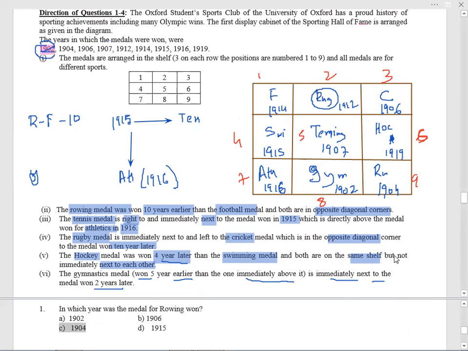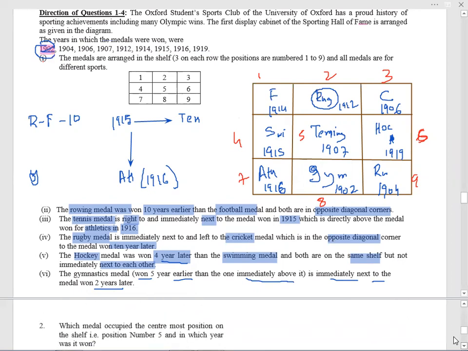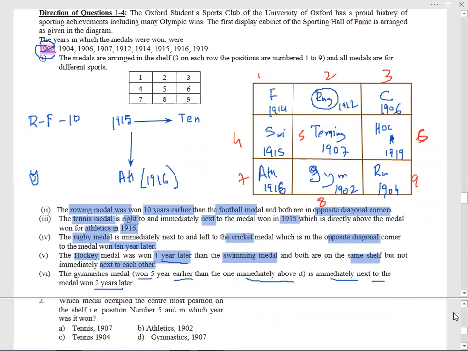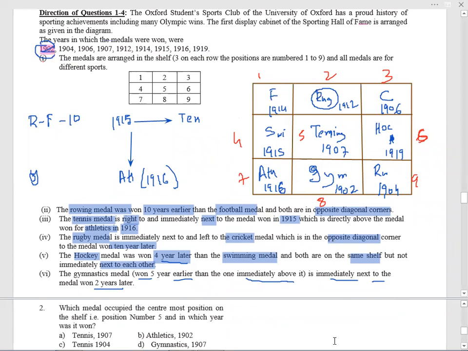Once the arrangement is done, it is easy. Which medal occupied the centermost position on the shelf? That is position number 5, and which year was it won? Tennis, 1907. Option A.